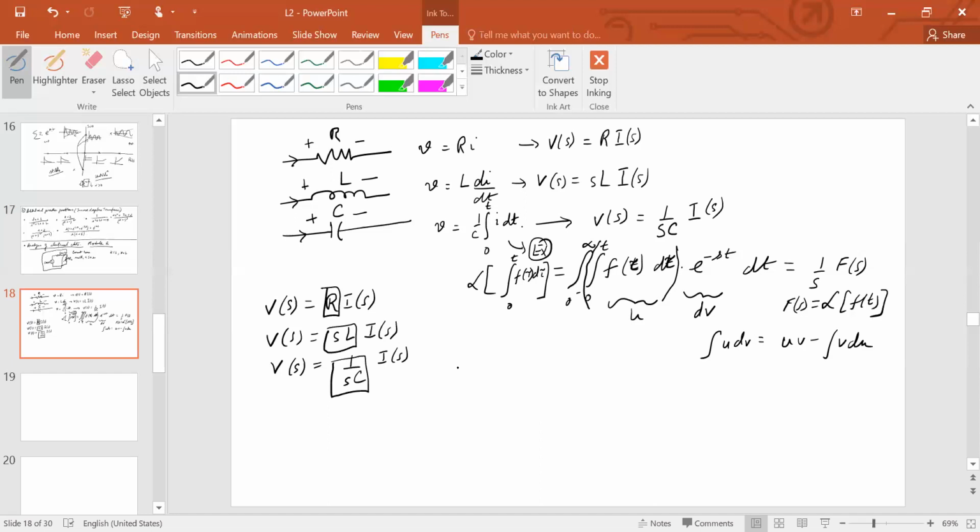Now, as I just said while we were discussing in the previous slide, it is generally the convention that voltage is like the input and current is like the output, or you might at times take the voltage drop across a particular element, for which also you need to evaluate the current. For example, if you want to find the voltage drop across the inductance, and you know the current, you just multiply it by sL and you get the voltage drop across the inductance.